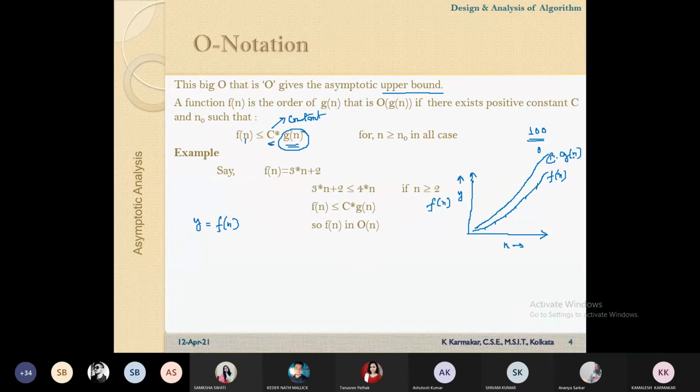Here c is a constant and g(n) is a polynomial function, so f(n) is always less than c into g(n).